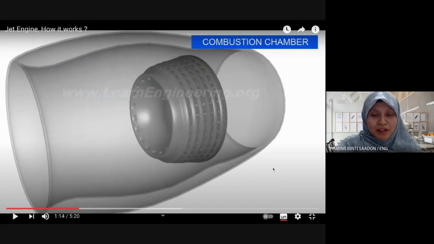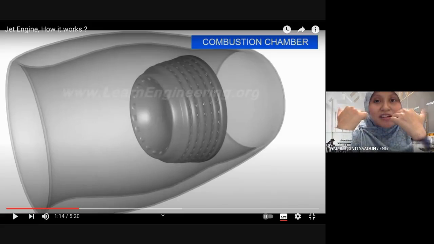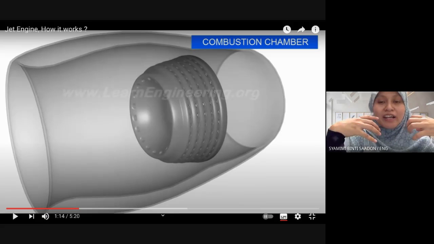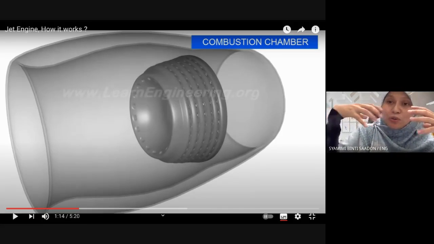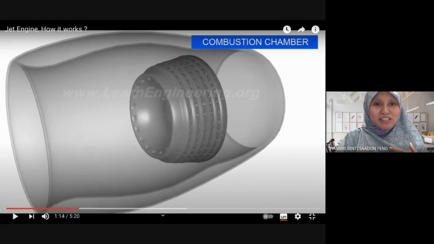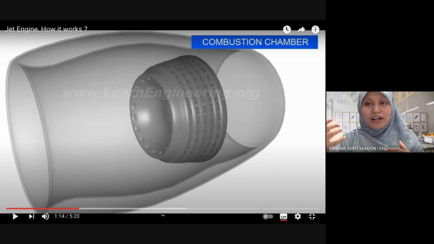Okay, so we found out that, from Newton's law, we have to have thrust that will propel the engine to move forward. But in order for the engine to move, the fluid must be at high temperature, from lower cold air to exit hot air.